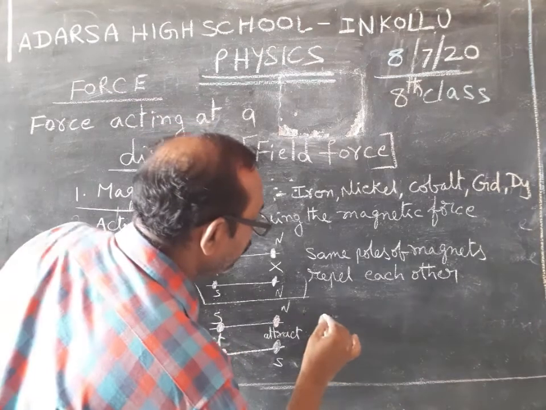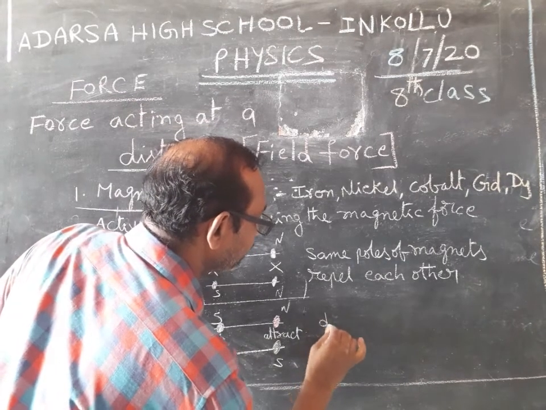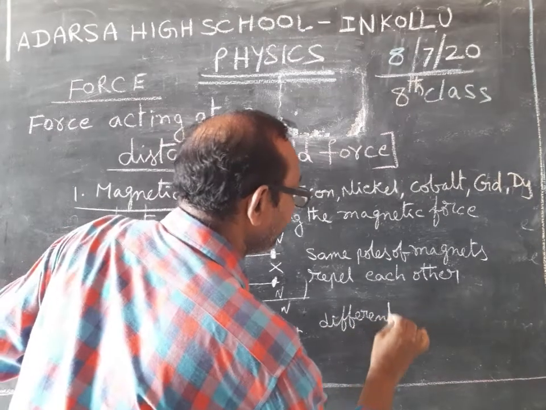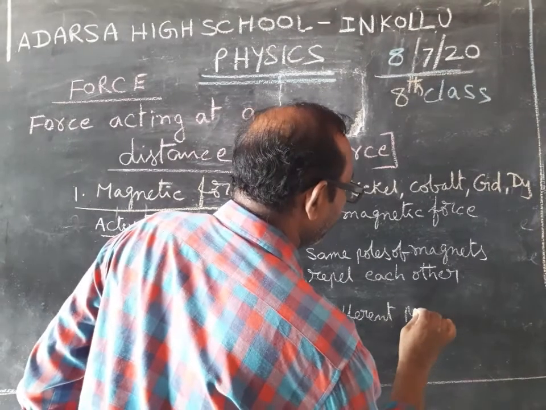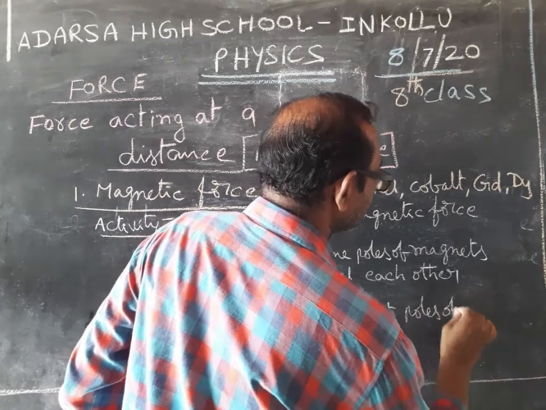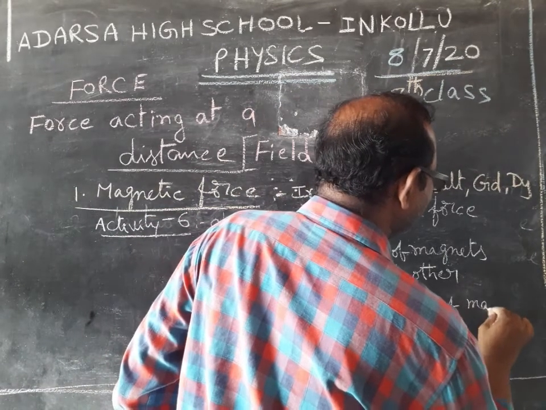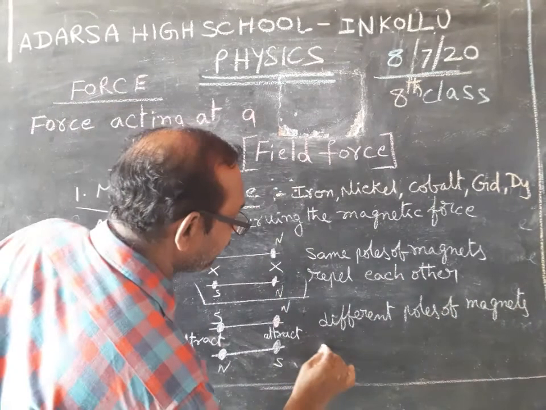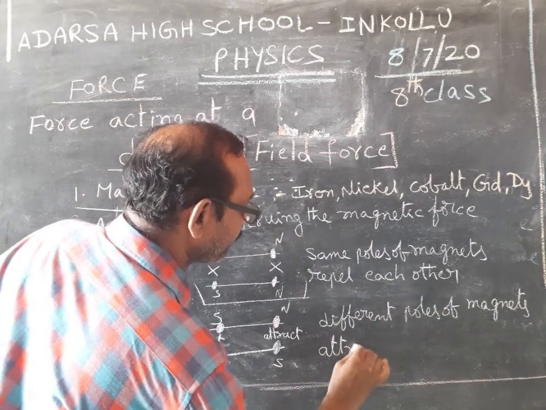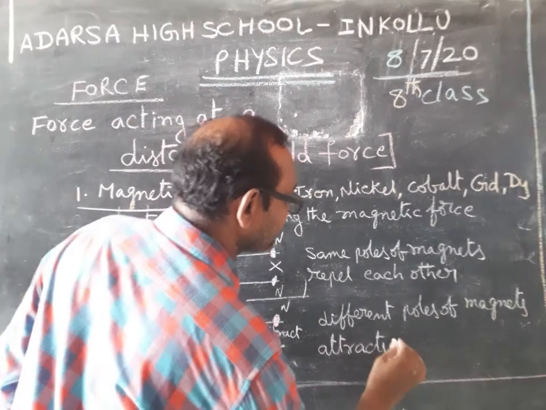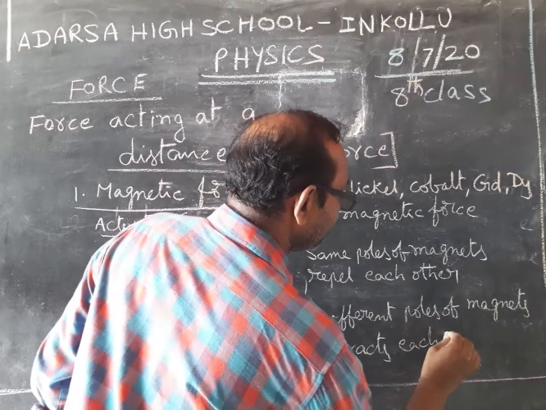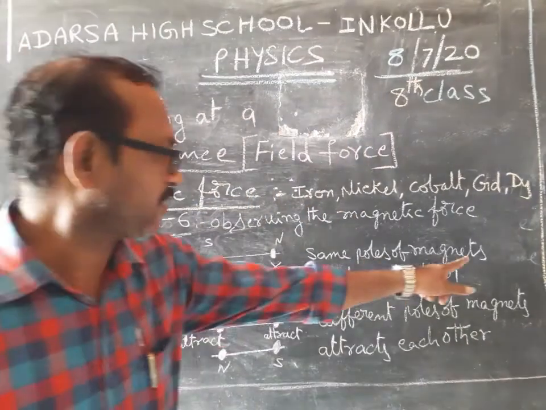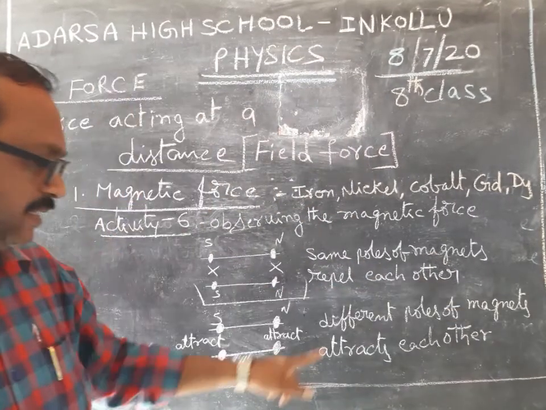Okay, so different poles of magnets attract each other. Same poles of magnets repel each other.